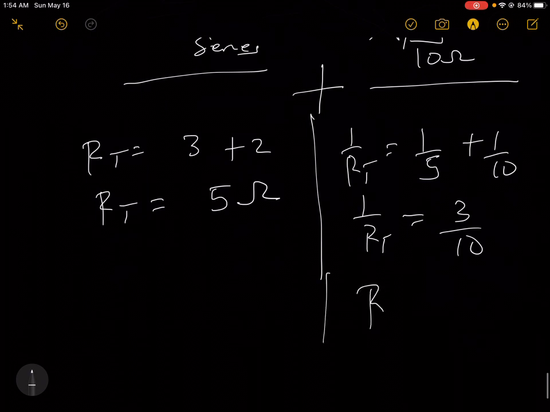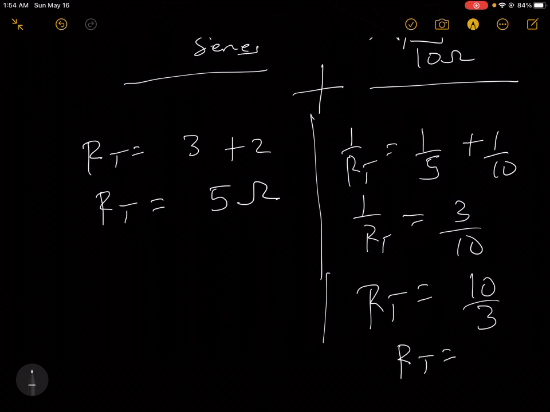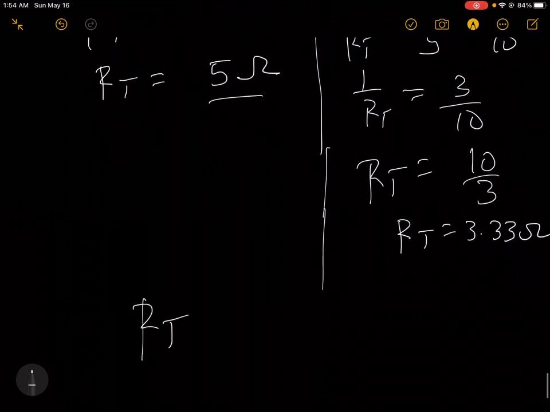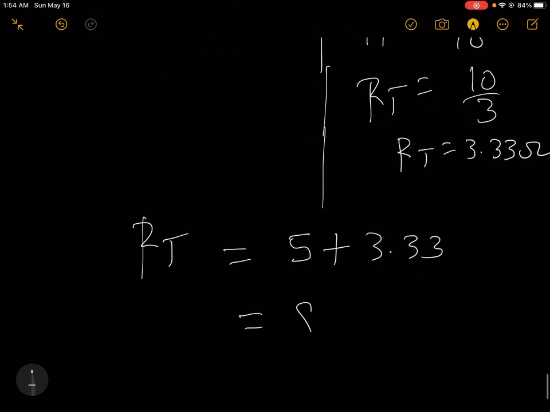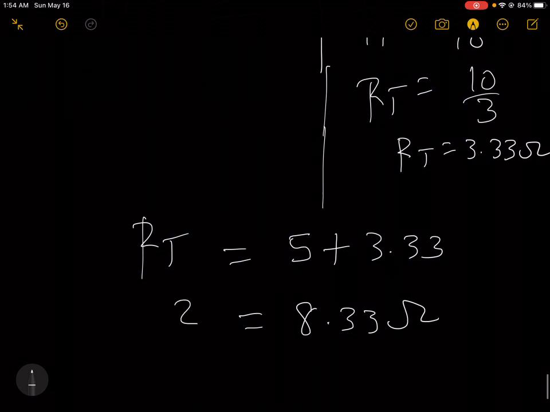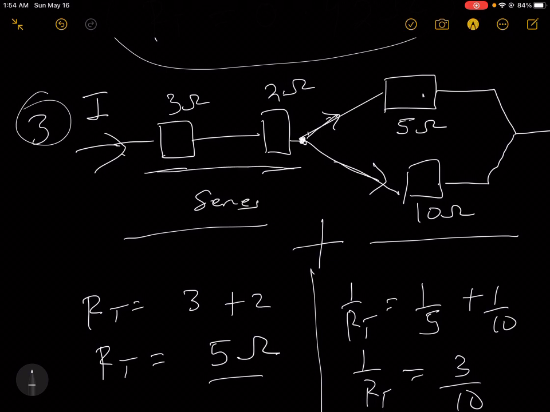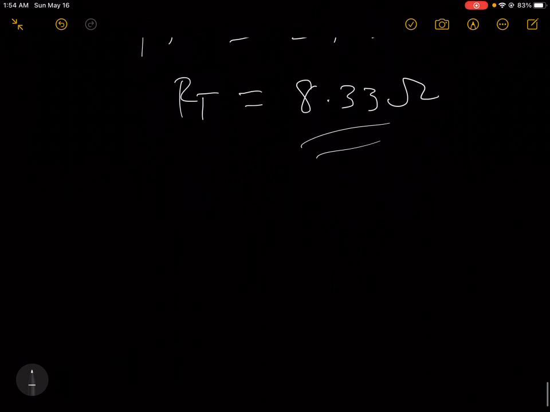So RT is 10 divided by 3, which is 3.3. RT is 3.33, and the other RT is 5. So your total RT will be 5 plus 3.33, which is 8.33 ohms. It's as simple as that. So we resolve these two in series first, these two in parallel, then we added the solutions.